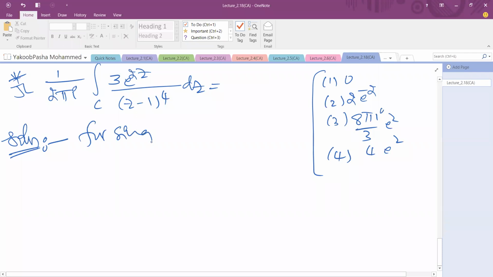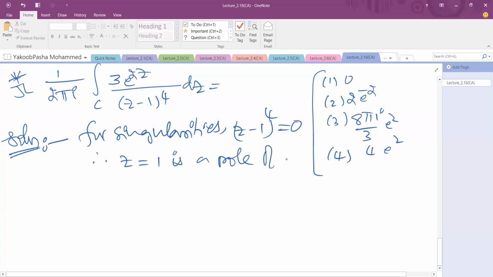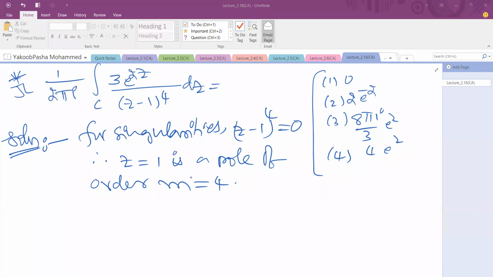For singularities, we can equate the denominator to 0. So z is equal to 1 is a pole of order m is equal to 4. Since z is equal to 1 is a pole of order m equal to 4, we can calculate the residue.